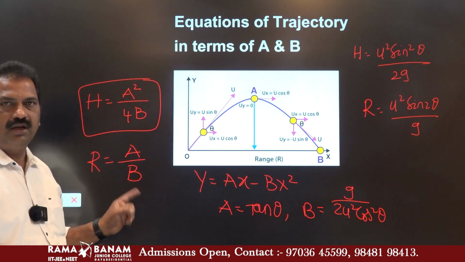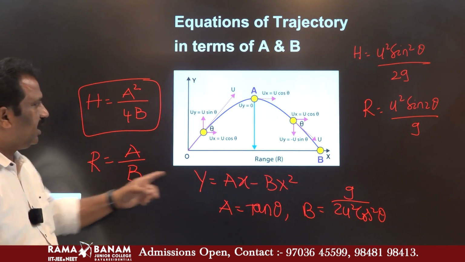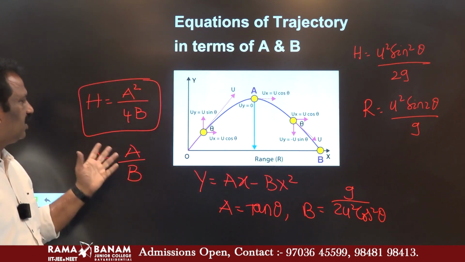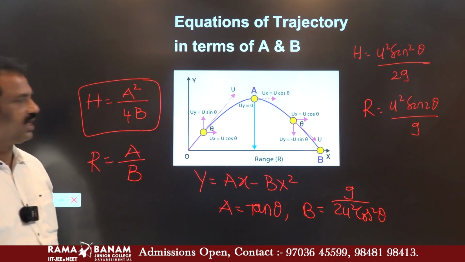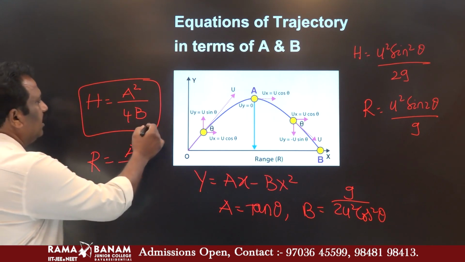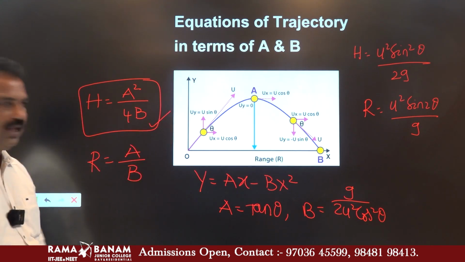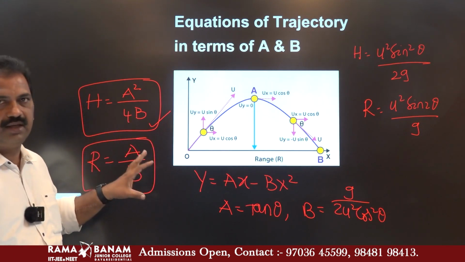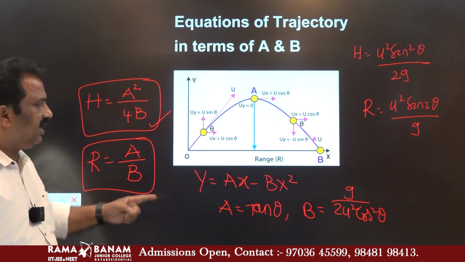Substituting in this equation, we easily get r is equal to u square sin 2 theta by g. So finally, h is equal to a square by 4b and r is equal to a by b. These are the formulas to solve the equations, a very easy method.